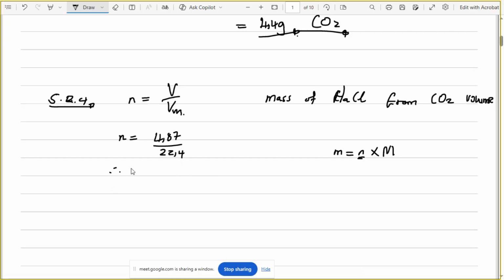What is the number of moles of CO2? What do you get? Sorry, sir. Can you punch this on the calculator? The 4.87 divided by 22.4. What is your answer? Sorry, sir.